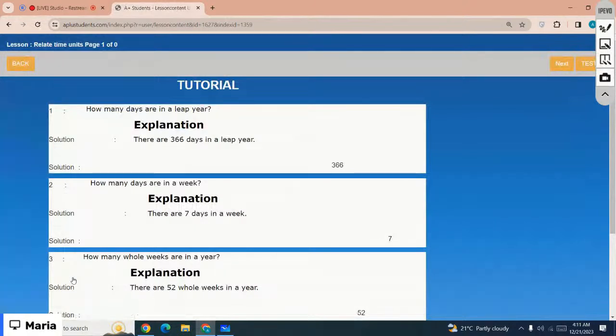Okay, how many days in a leap year? Usually we have 365 days in a year. The leap year must have 366 days. Then how many days in a week?